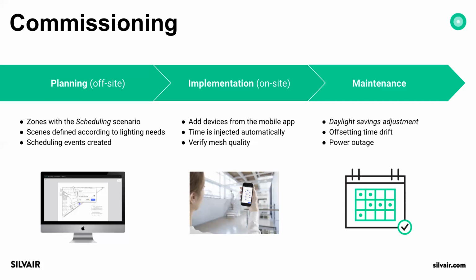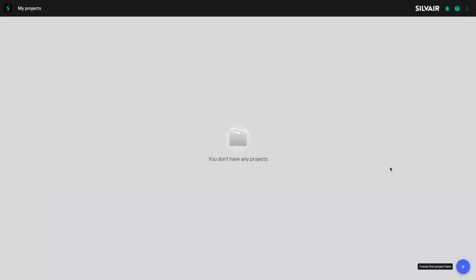Of course, if you encounter some time drift, the time sync can also be used to synchronize the time and offset this drift. Also in some power outage situations that I will discuss later on, it would be required to use the mobile app on site.